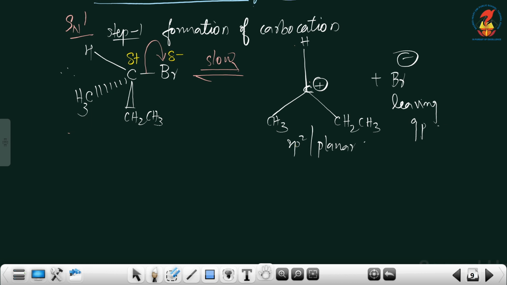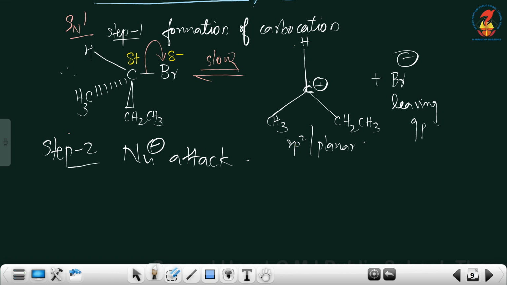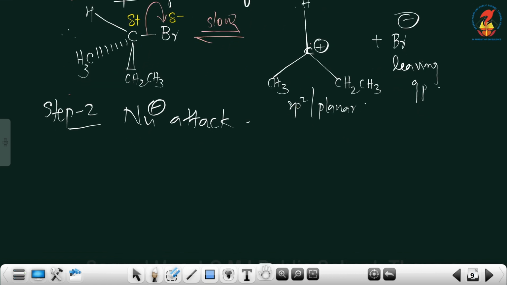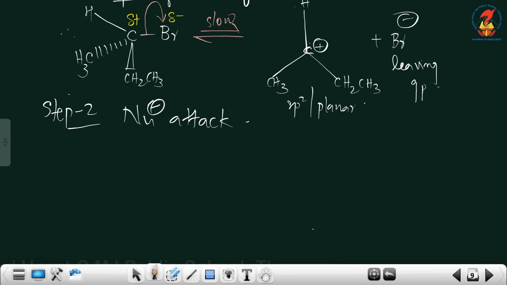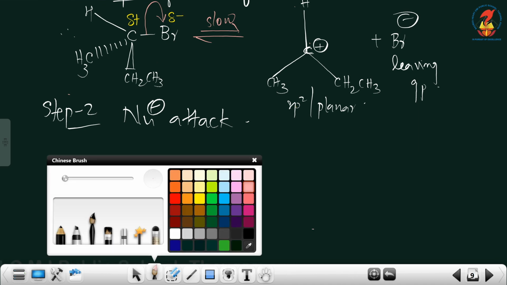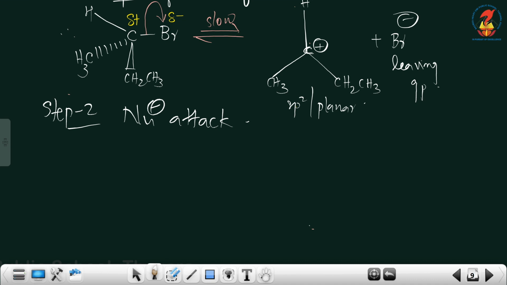Remember, slow and reversible. Now step 2 is nucleophilic attack on this carbocation. And remember, since carbocation is planar in geometry, the nucleophile can attack from either side.